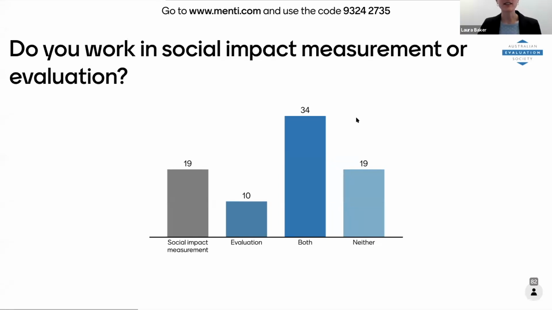And interesting, a few neithers coming through. So on that three, we've got some CEOs, heads of companies, also people working to use the findings of social impact measurement, or working and planning those. And so a lot of policy as well.